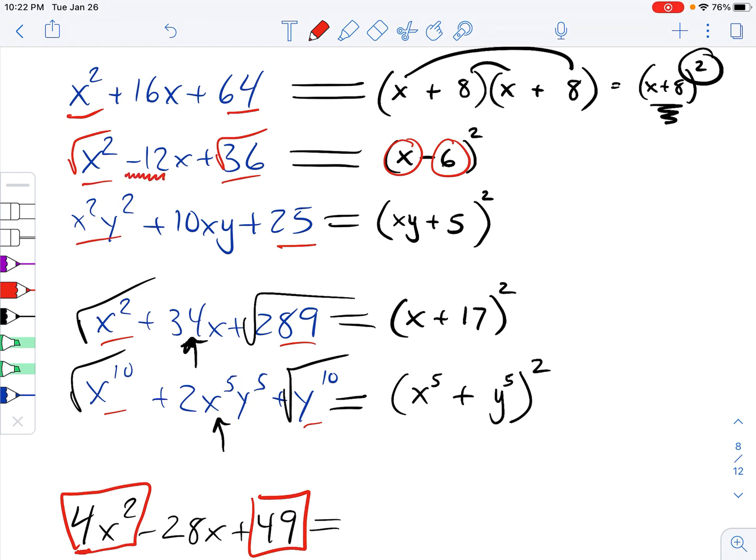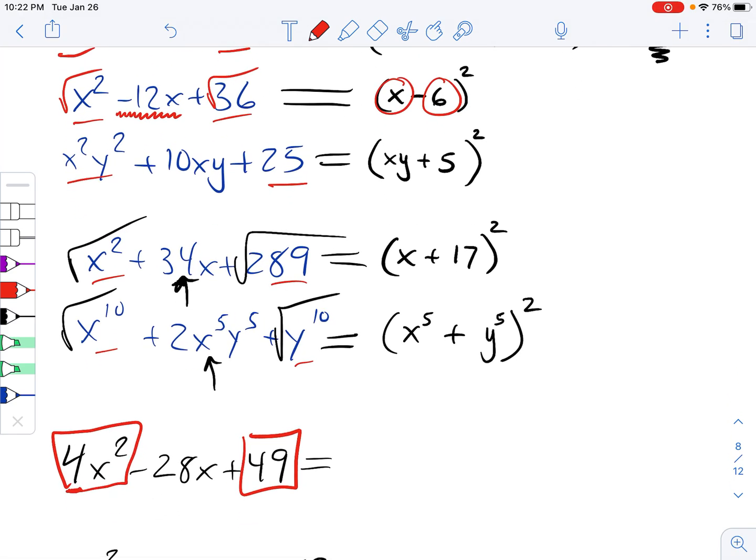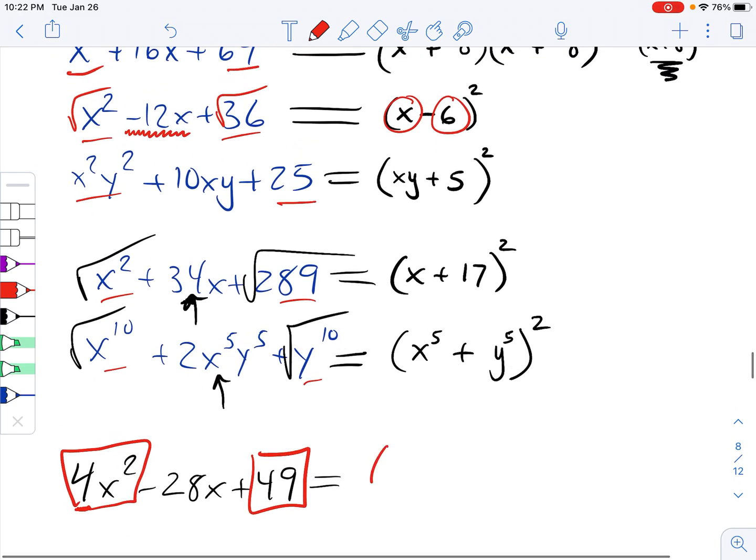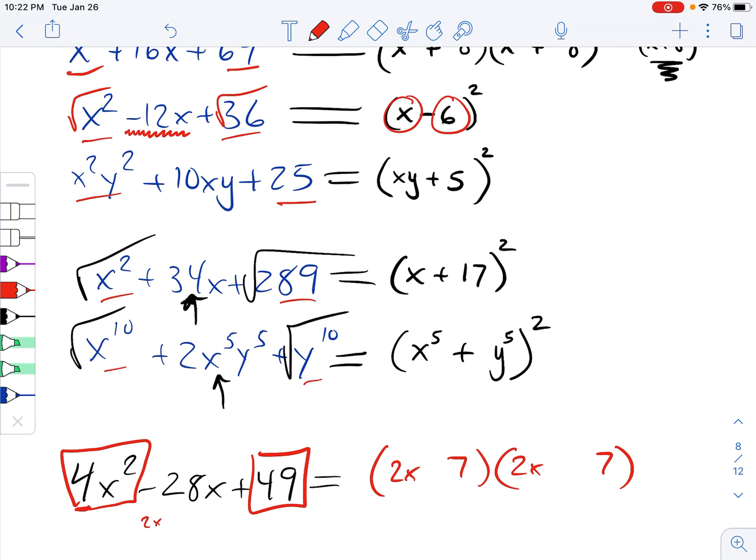And when I multiply those together and double them, I'll get my middle term. So is that actually happening here? If this is 2x with a 7, when I multiply 2x and 7 together, I get a 14x. And when I double that, well, yeah, I get 28x. In this case, I need it to be a negative because we have a negative right here.